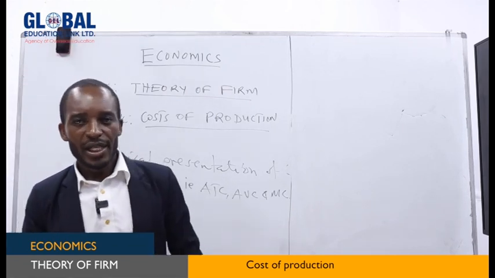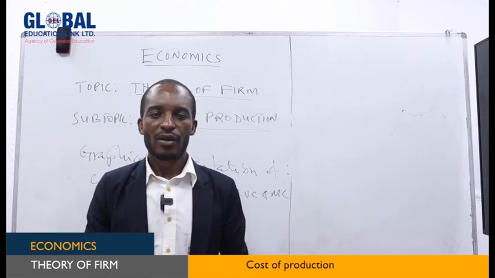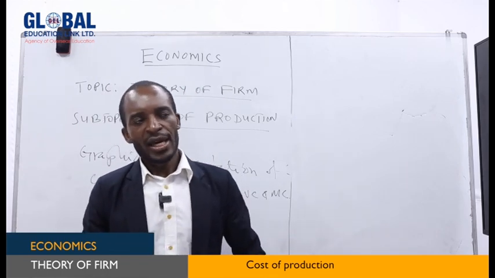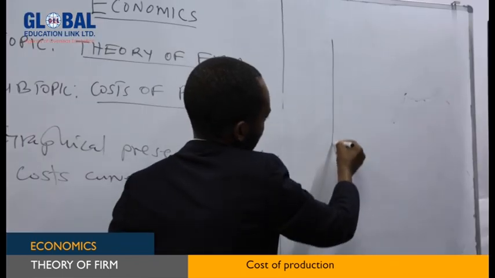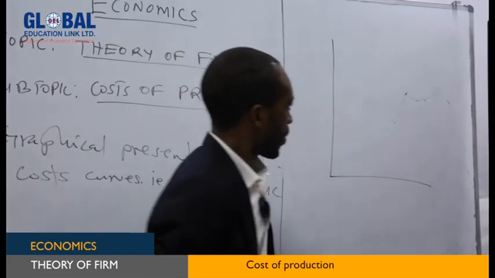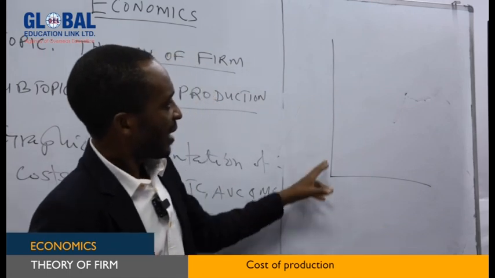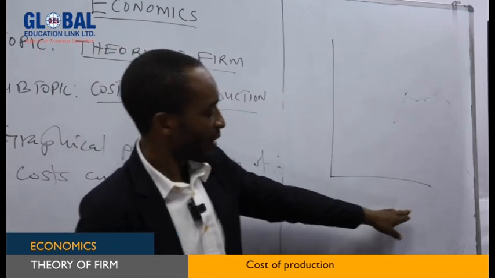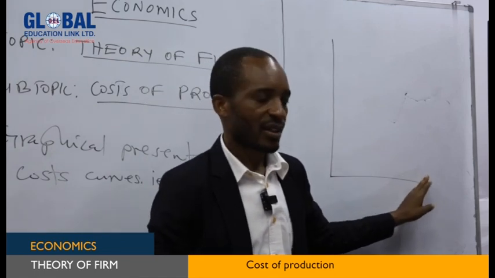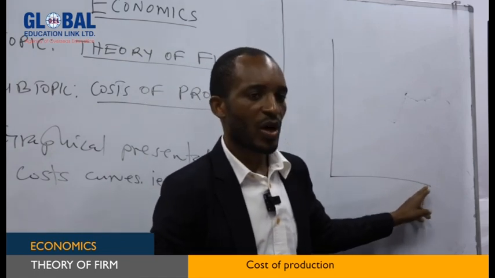So when you are drawing the cost curve, you need to use a graph paper where on the vertical axis you put the costs and on the horizontal axis you put the output or quantity produced.